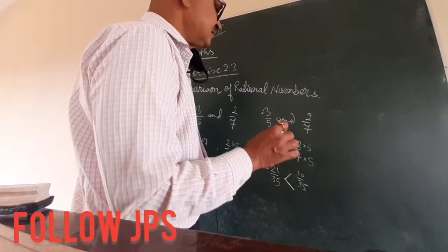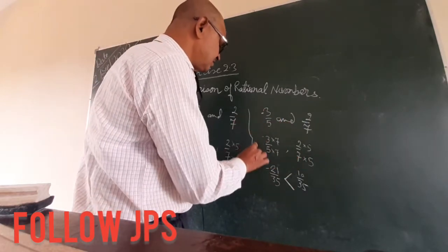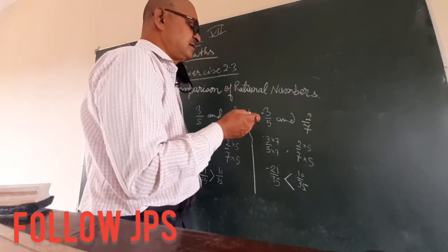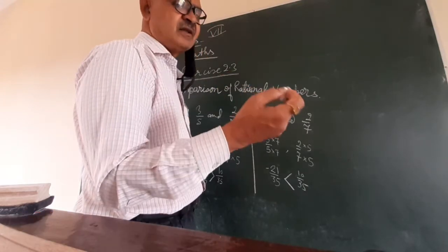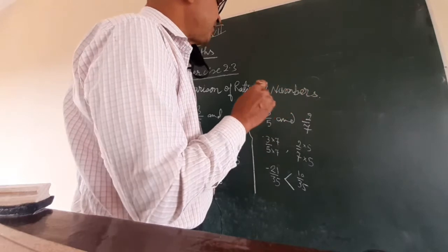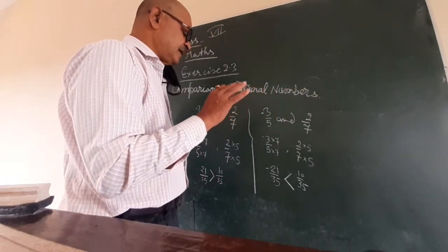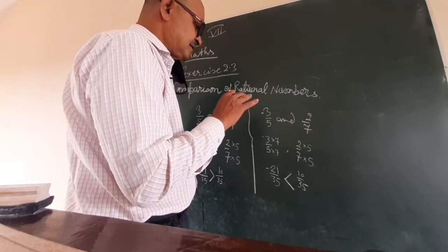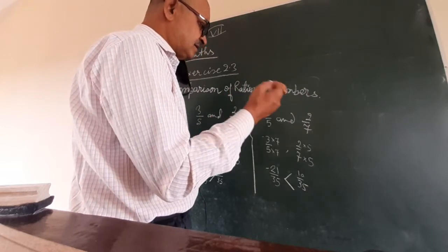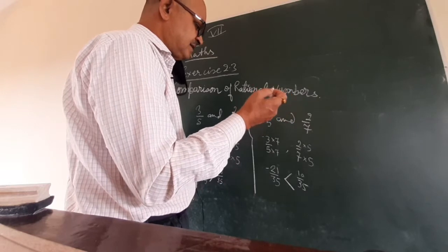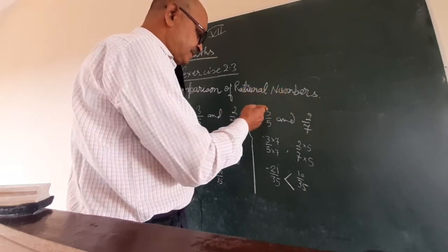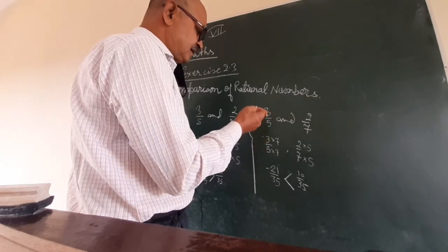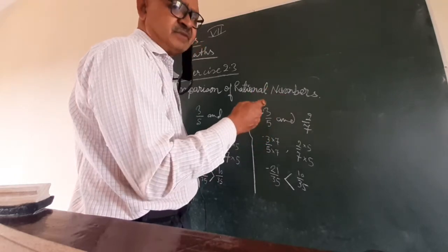That is the way of solving which rational number is greater and which is smaller. If one number is minus and the other is plus, then the minus number is always lesser than the positive number.